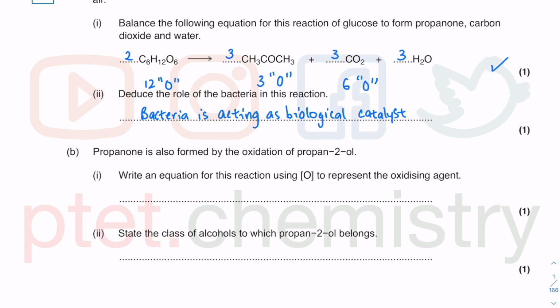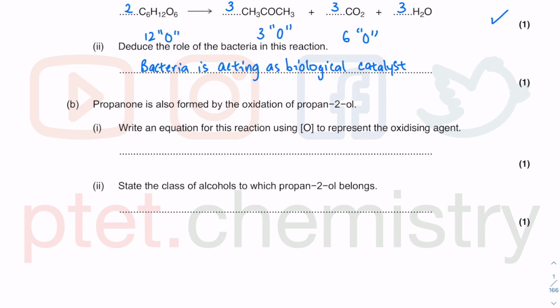of chemical reaction here. In part B, you will have learned about the square bracket O. You count it as oxygen atoms because the oxidizing agent itself will get reduced, but it will help the other substance to be oxidized. In organic chemistry, we talk about the other substance gaining oxygen atoms.